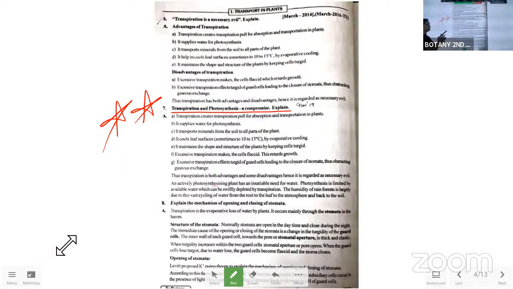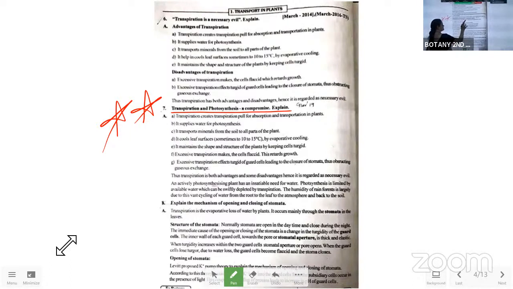So first of all, photosynthesis is the food preparation process that occurs only in the green plants by taking up water from the soil and carbon dioxide from the outside atmosphere, and in the presence of sunlight, they prepare their own food material. That is photosynthesis. So in photosynthesis, there is no loss of water, isn't it?